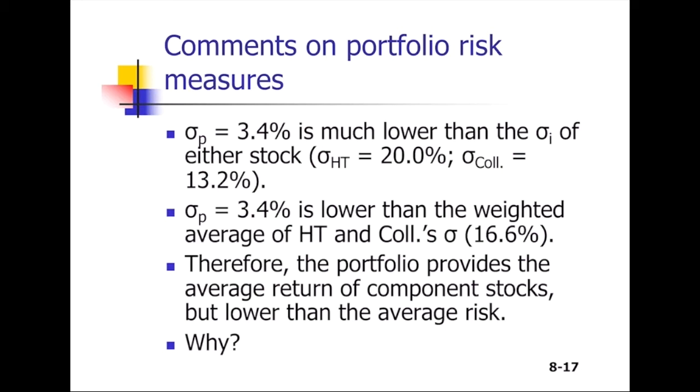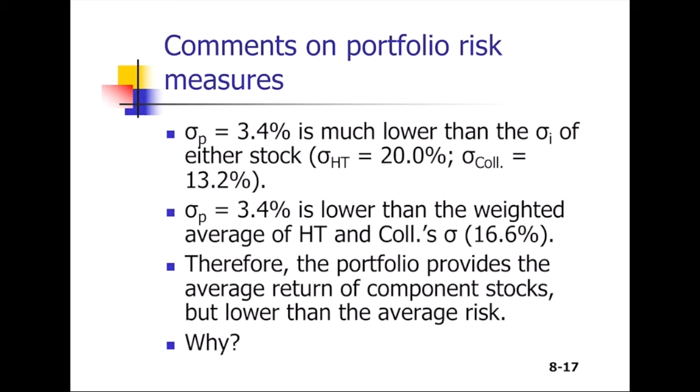High-tech company, that is 20%, and when you have only the collection agency stock, the standard deviation was 13.2%. And in the second case, it is lower than the weighted average of the high-tech company and collection agency standard deviations. So therefore, we can conclude that the portfolio provides the average return of the component stocks, but lower than the average risk.